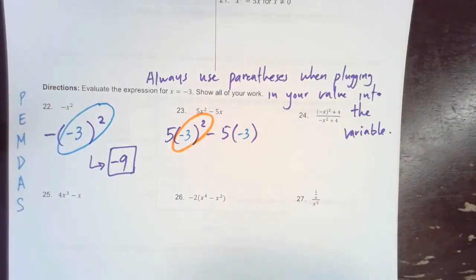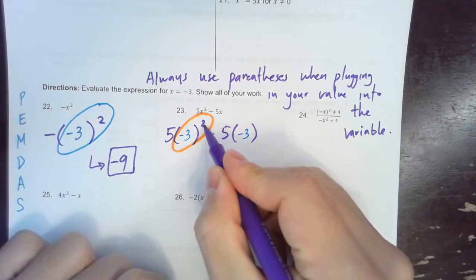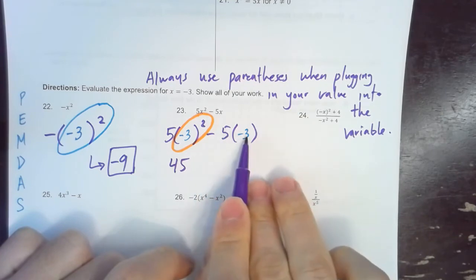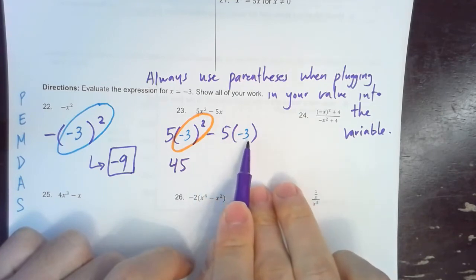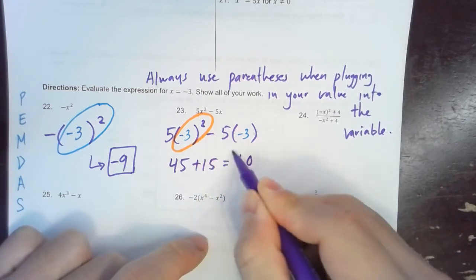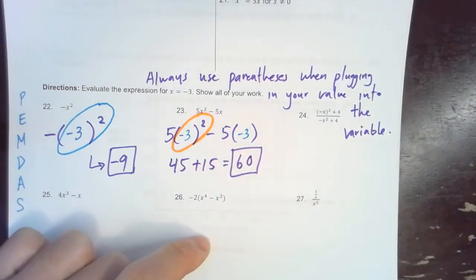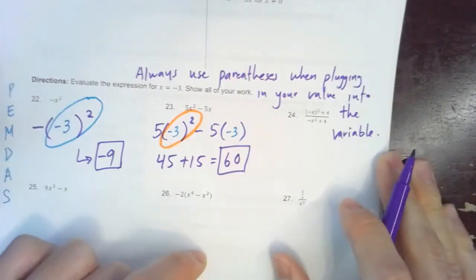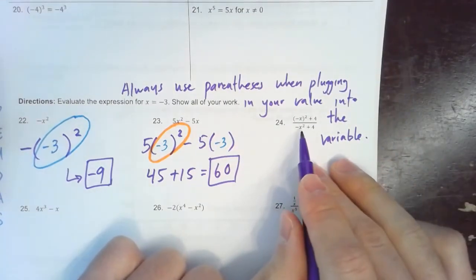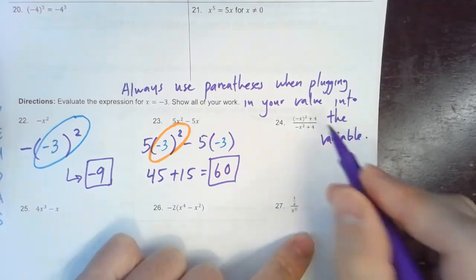Okay, so this is negative 3 squared, which is 9. 9 times 5 is 45. And then negative 5 and negative 3 is 15. So it's just plus 15. The answer is 60. Okay. Gotta practice this, okay? You can't take the shortcuts and just think you know this because it looks easy. There's so many subtle things that you can do to accidentally miscalculate.